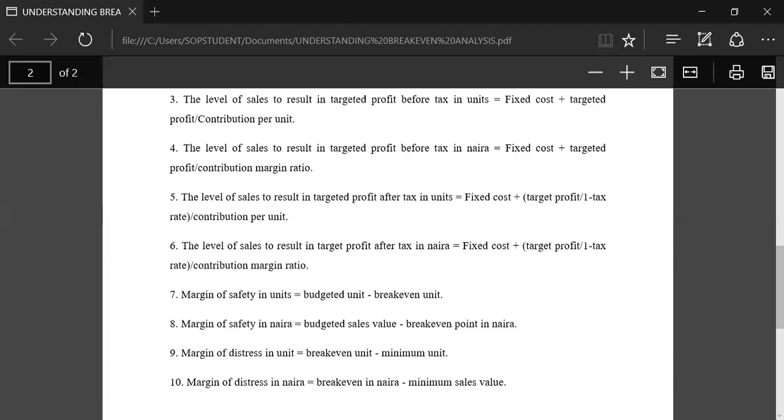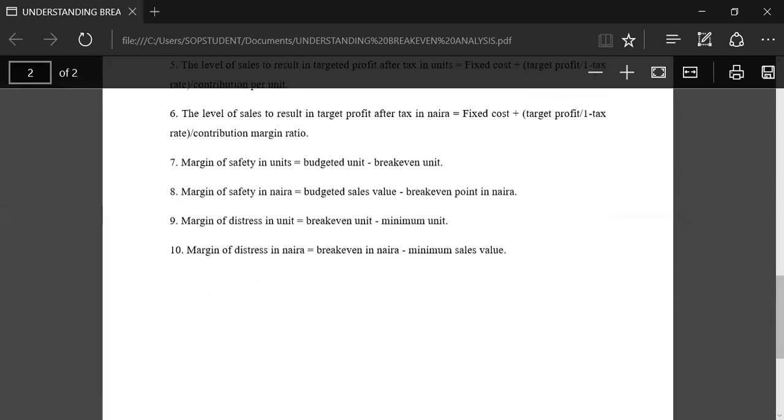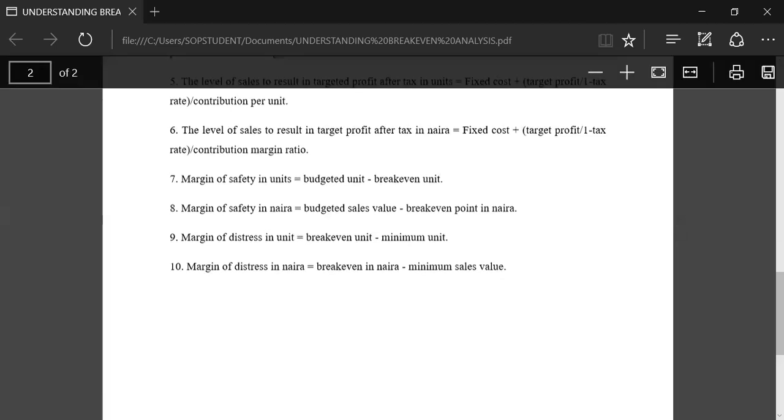The margin of distress in unit is gotten by subtracting minimum unit from break-even unit. In other words, margin of distress in unit is equal to break-even unit minus minimum unit. And the margin of distress in naira is break-even in naira minus minimum sales value.